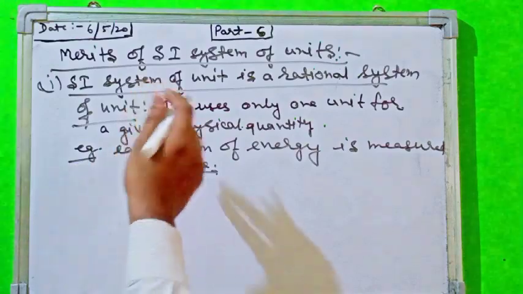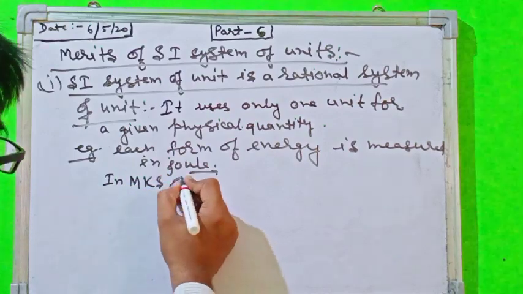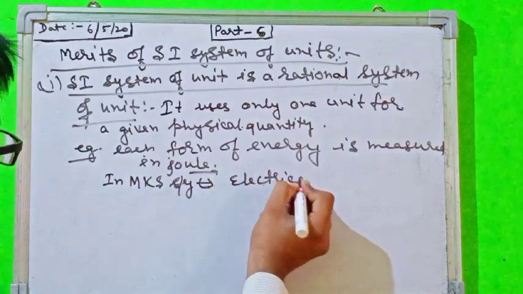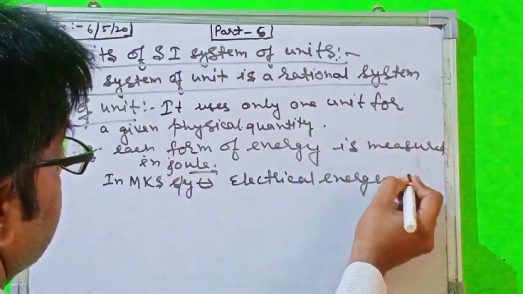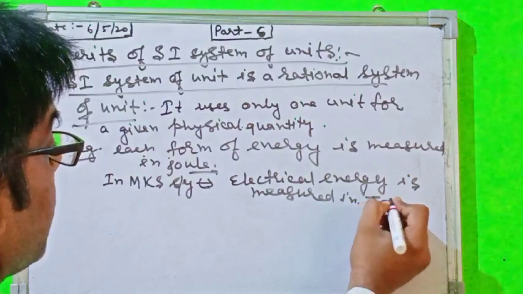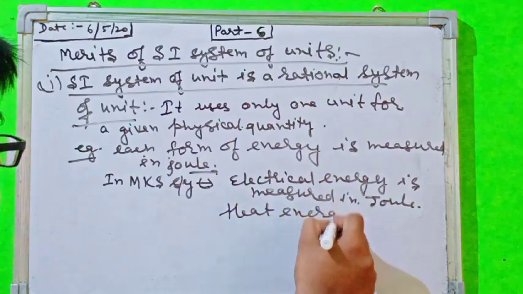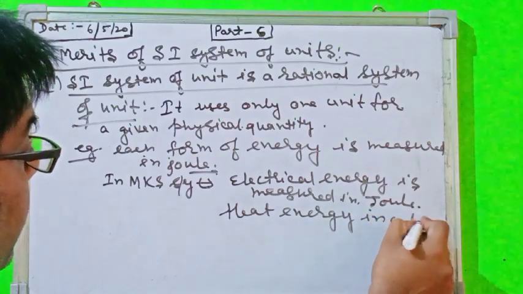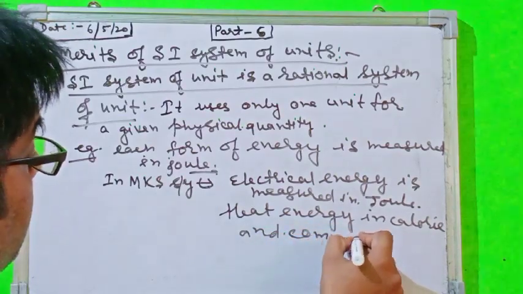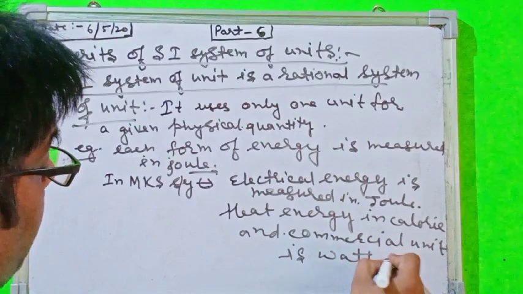But contrary to this SI system, in the MKS system, electrical energy is measured in joule, heat energy in calorie, and the commercial unit is watt hour.